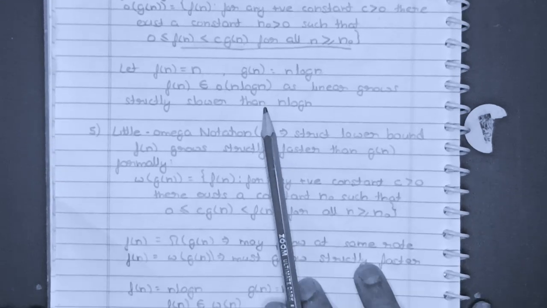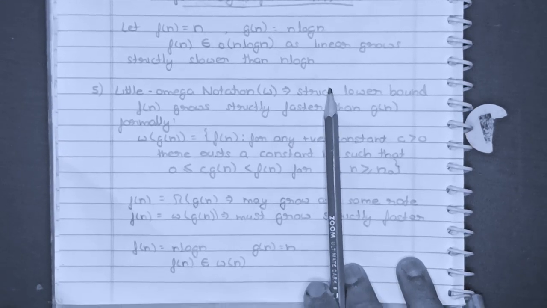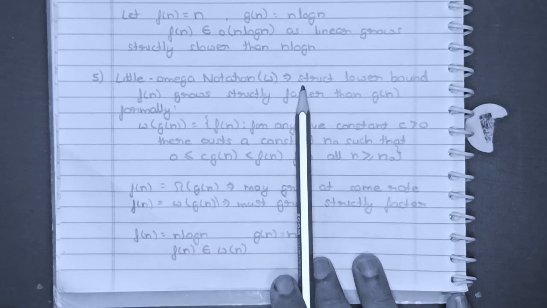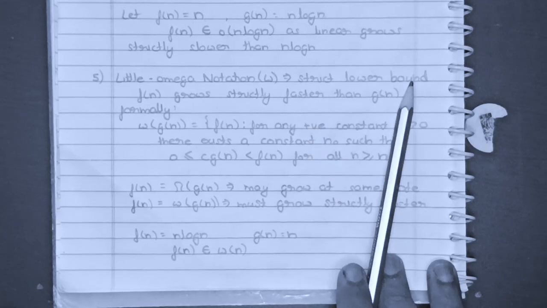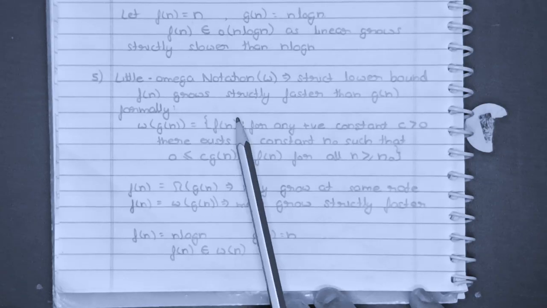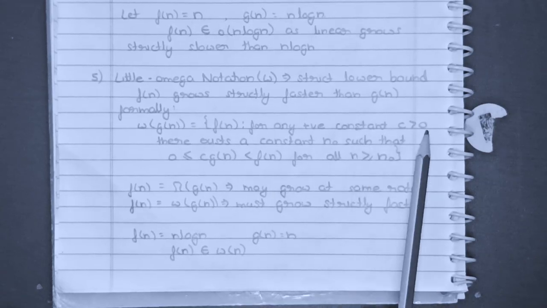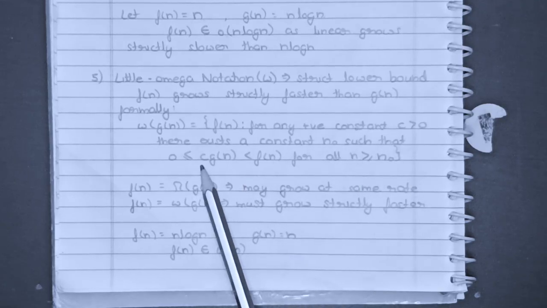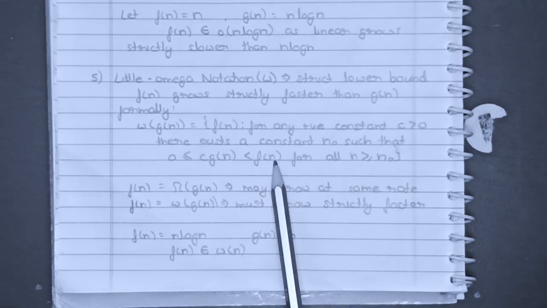Now let's come to our last notation, which is little omega notation. Again, it's like omega notation, but it represents a strict lower bound. So it represents a set of all the functions where for any positive constant c greater than 0, there exists a constant n0 such that 0 ≤ c g(n) < f(n).